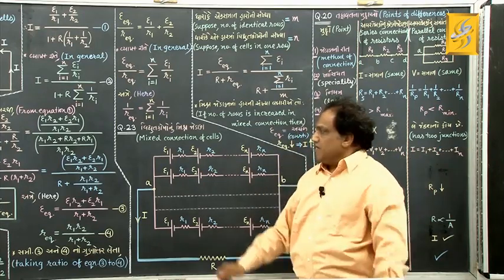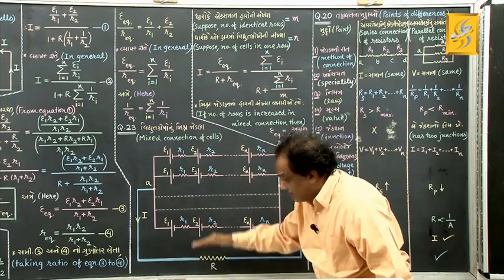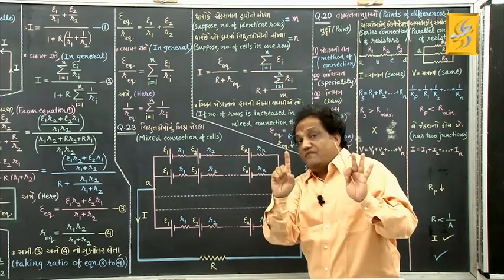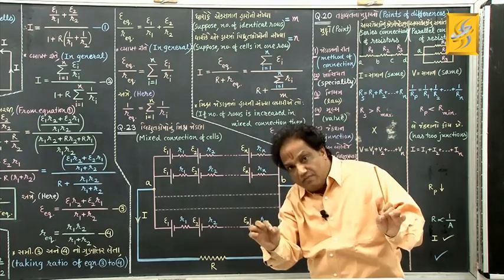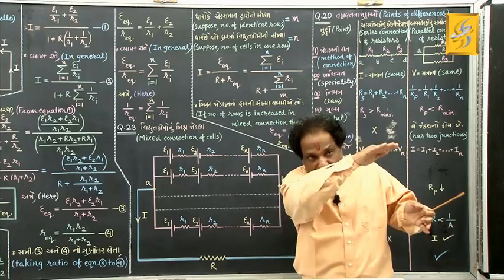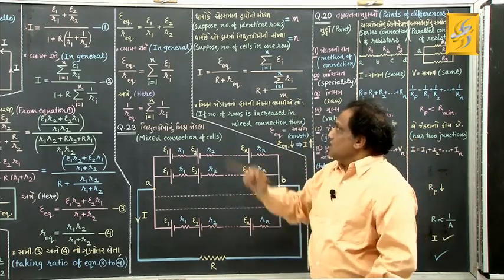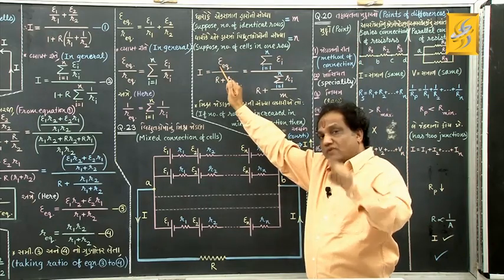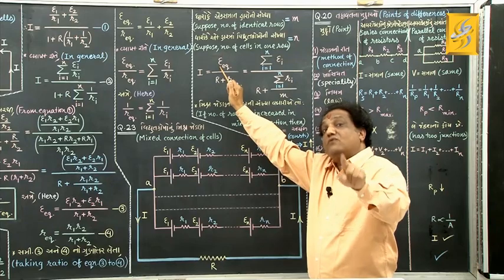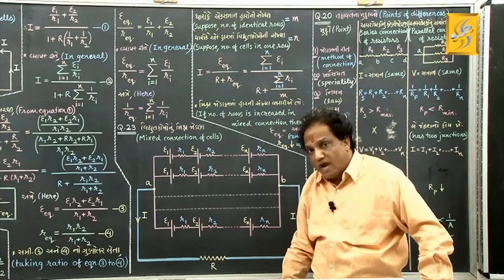So remember, in case of mixed connection, though you may increase the number of identical rows, the effective EMF out of the entire mixed connection will remain the same. It will be equal to the effective EMF of only one row. Got it? And from one row, how much effective EMF are we going to get?